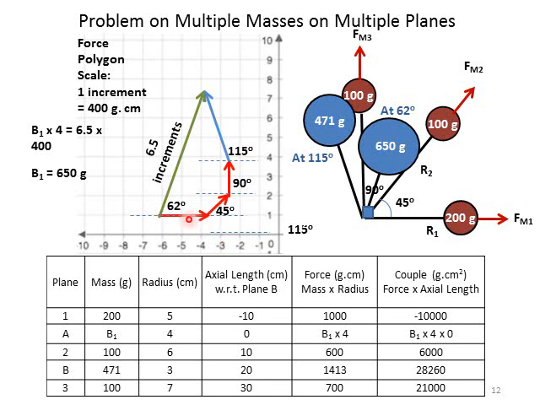So we start from FM1. This represents the force FM1, and according to the scale, one increment is equal to 400 gram meter. So 400 gram meter means here the force is 1000.